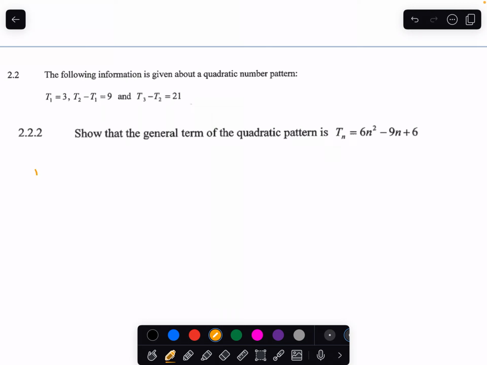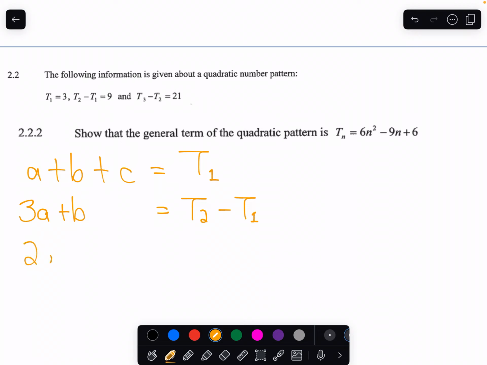I know that A plus B plus C is equal to the first term, and then the first difference is given by 3A plus B. Yeah, so that is the first difference, T2 minus T1.